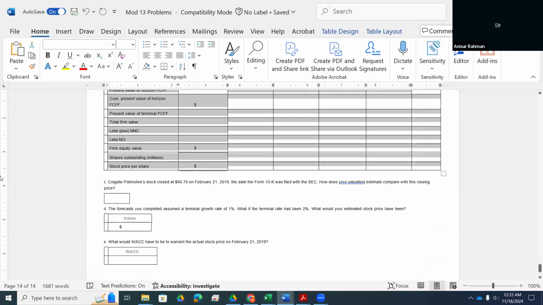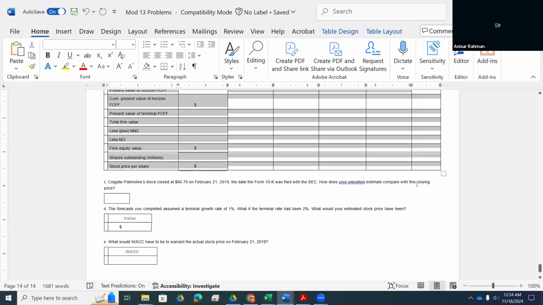Next, part C is telling us Colgate-Palmolive stock closed at 66.7 on February 21, 2019, the date the Form 10-K was filed with the SEC, meaning all this information that we used was available to the market participants, like financial analysts, investors.